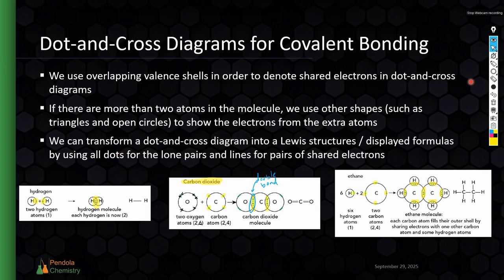We can see here, and this is actually missing a few dots, I'm going to add them in, how for the carbon dioxide the carbon-oxygen bonds, which are double bonds, got replaced by two lines to draw the Lewis structure, and how those oxygens had their lone pairs of electrons transformed just to simple dots for the pairs. This is what we call a Lewis structure, or a displayed formula, that we learned how to draw last year.